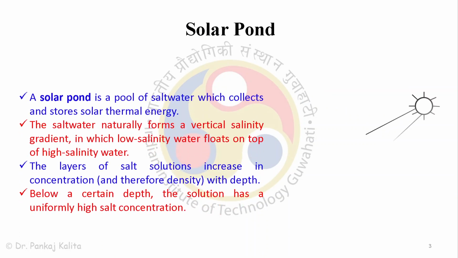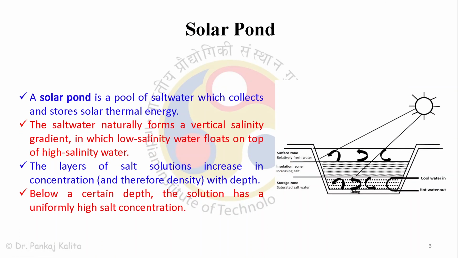Basically we will now study a solar pond. A solar pond is a very interesting concept. Whatever sun rays come from the sun heat the upper layer, and the upper layer acts as an insulation zone. Whatever heat penetrates down is stored.